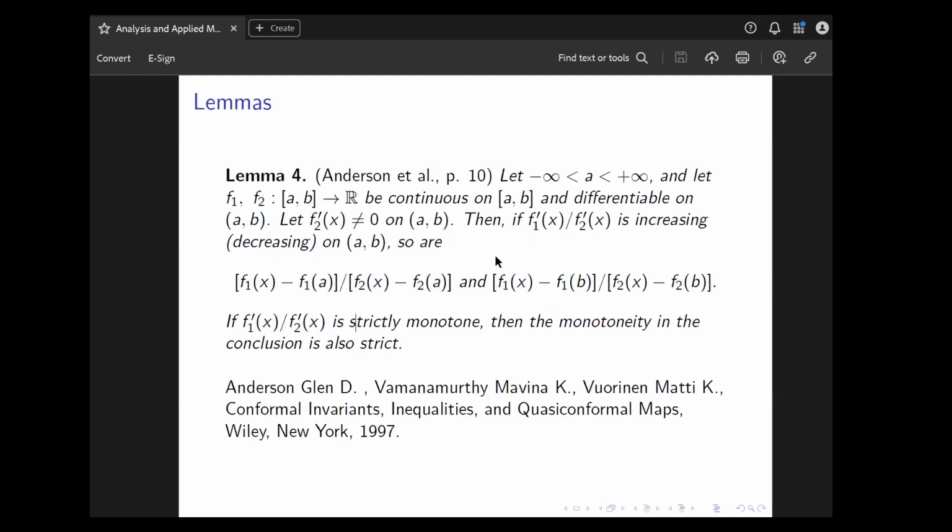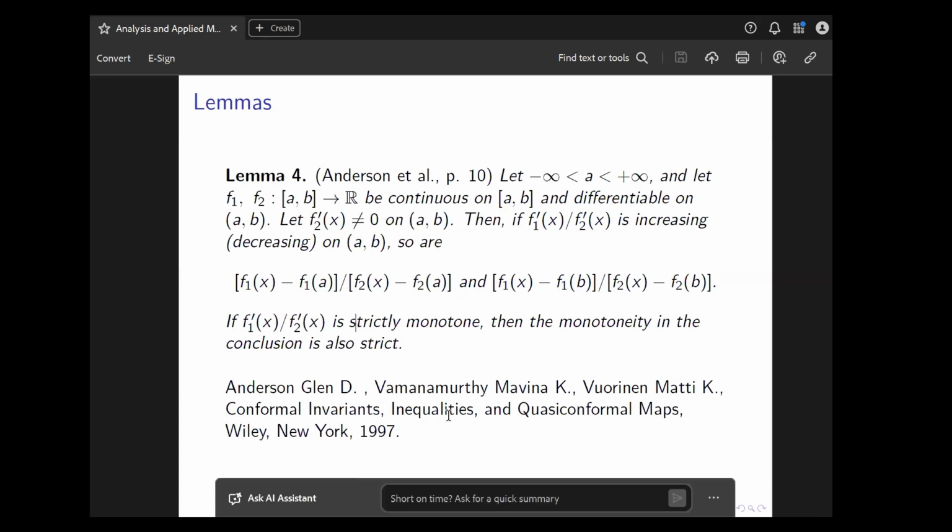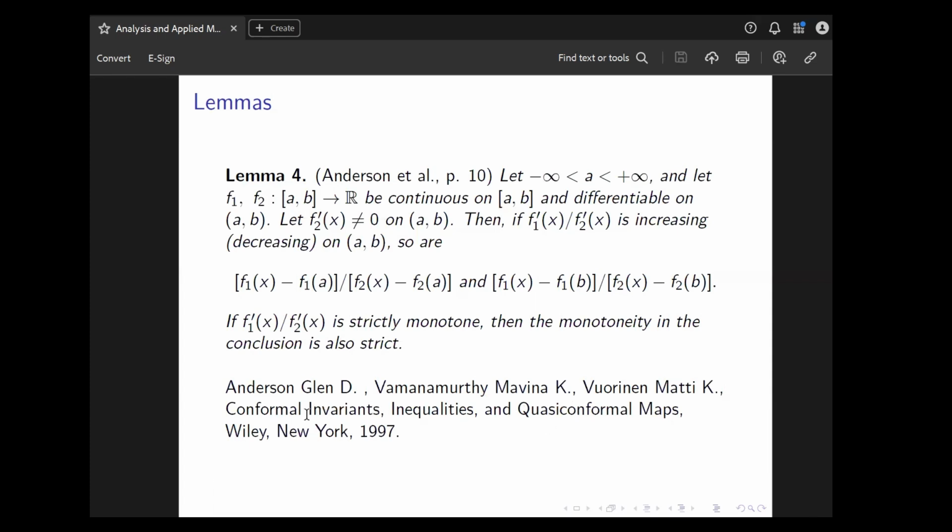Some variants of this lemma were frequently mentioned in literature. So this version is just a special case. It is given in Anderson, Vamanamurthy, and Vuorinen's book, Conformal Invariants, Inequalities, and Quasiconformal Maps.